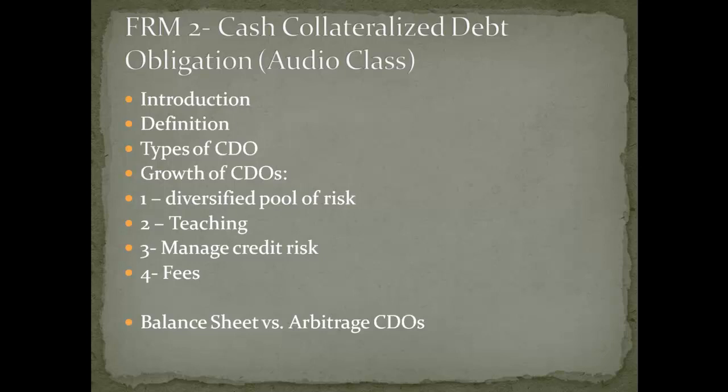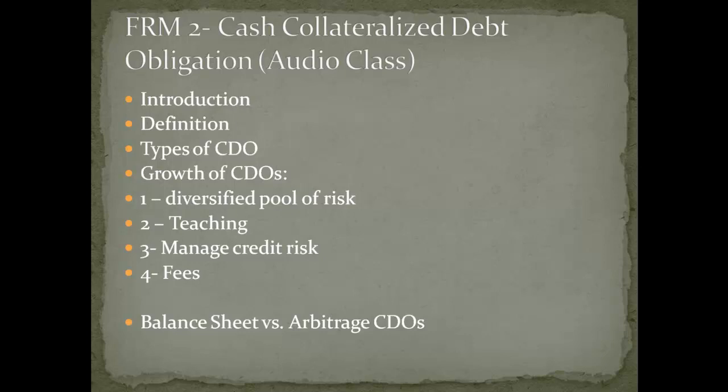A convenient way to describe a CDO is by the underlying collateral or economic purpose, for example a balance sheet CDO or an arbitrage CDO. If the underlying collateral pool consists entirely of bonds, then the issue is referred to as a collateralized bond obligation, whereas if it's made up of loans, we refer to it as a collateralized loan obligation.